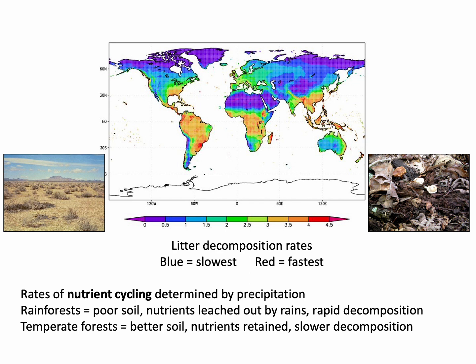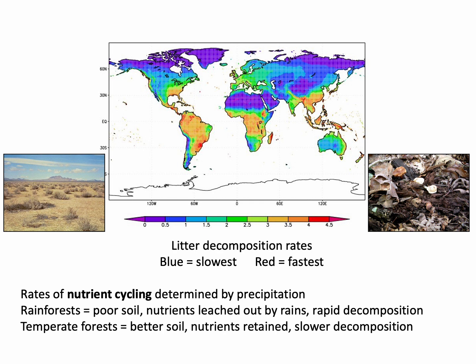So if something falls on the ground, it's going to break down and become part of the soil much, much faster than in those areas that are blue. And notice those blue areas, right? They include not only Arctic areas, but they also include places like deserts, right? If you look at Greenland, there are very low decomposition rates there, but there are also very low decomposition rates in the Sahara in northern Africa, both of which are shown as purple.